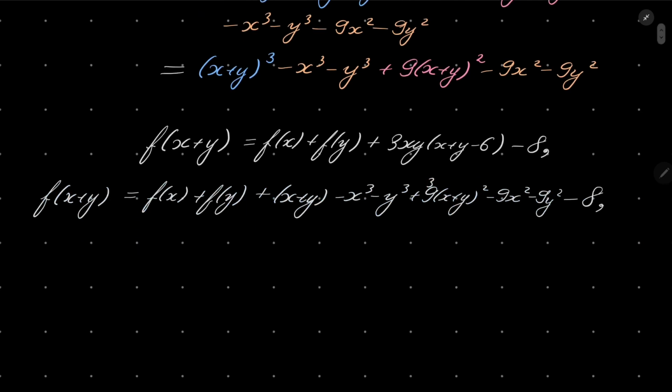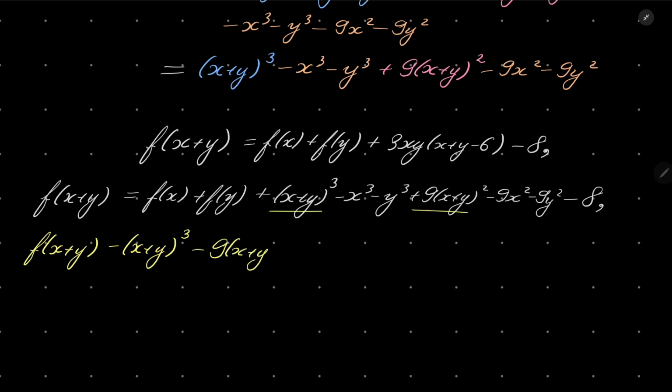And now I will do some shuffling. On the left hand side I have f of x plus y. I will put x plus y cubed on the left hand side. I will also put 9 times x plus y squared on the left hand side. And also I will subtract 8.